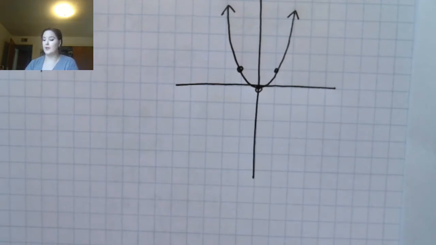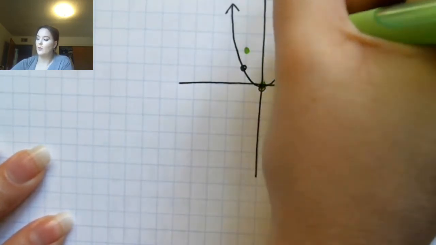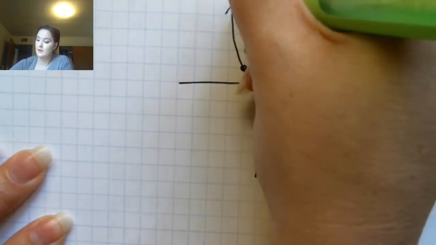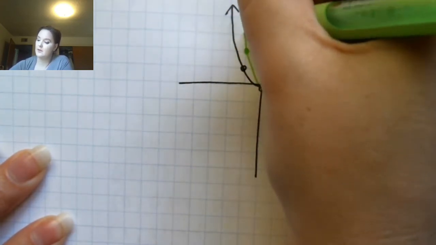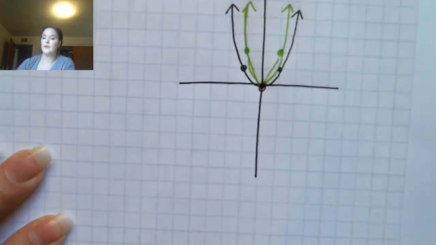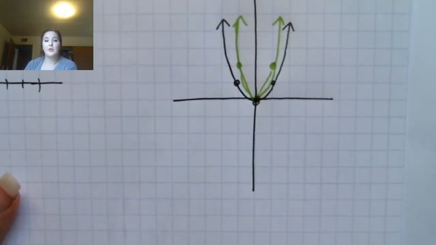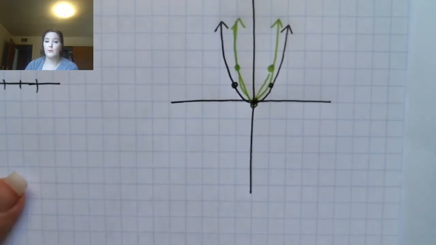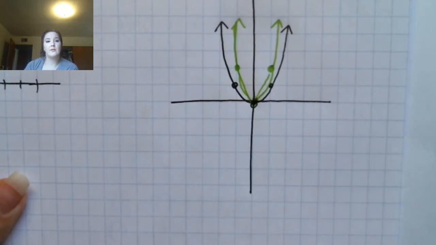I actually had them written down: (-1, 2), (0, 0), (1, 2). Oops, let me try to make that a little more U-shaped and a little less V-shaped. There we go. Now you can see exactly how we saw in the previous chapter when we were talking about graphing parabolas, that this is taller and thinner than the base graph.